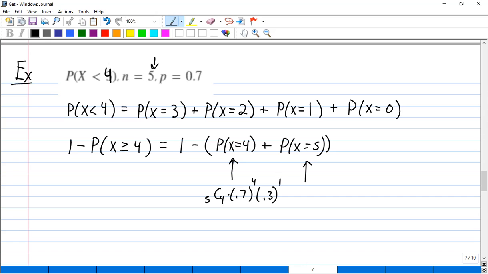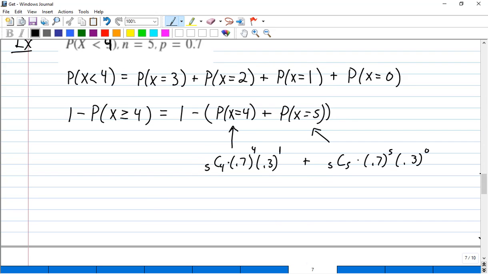And n minus x here was 5 minus 4, which is 1. Then I'm going to add the probability of x equals 5. That's 5C5 times 0.7 to the 5th times 0.3 to the 0, because 5 minus 5 is 0.